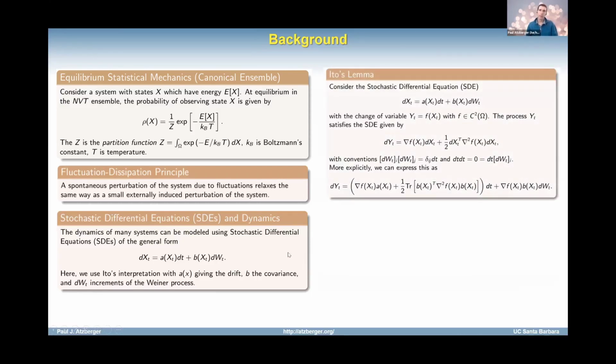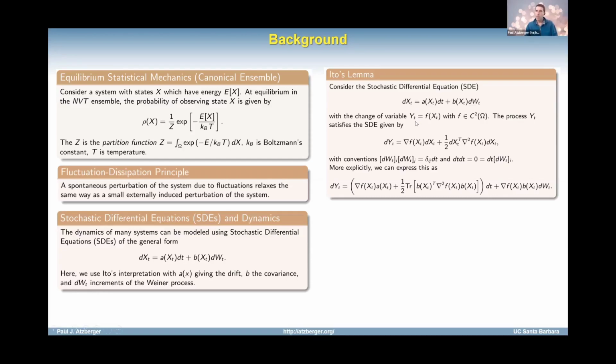Okay, so if we look at stochastic differential equations as being our class of models, there's a really important transformation that I just want to raise your awareness of, which is if I do a change of variable, there's a slight difference in the context of these stochastic models relative to what would happen for an ordinary differential equation. So again, think of my X_t, this is all vector valued, in R^n.